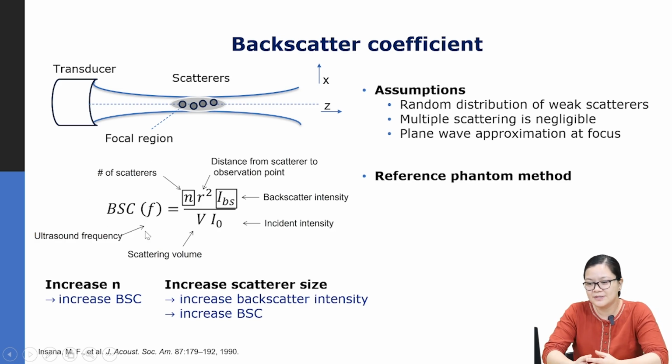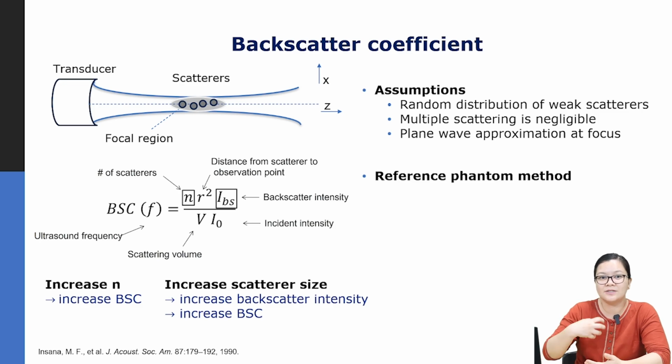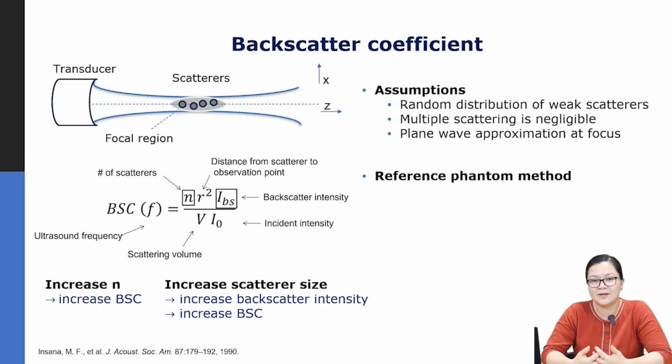Now, the backscatter coefficient is a function of the number of scatterers and the backscatter intensity, as you can see here. If we increase the number of scatterers in a tissue, then there will be an increase in the backscatter coefficient. If you increase the size of the scatterers, then that leads to an increase in the backscatter intensity, because larger scatterers would backscatter more ultrasound, and that leads to an increase in the backscatter coefficient.